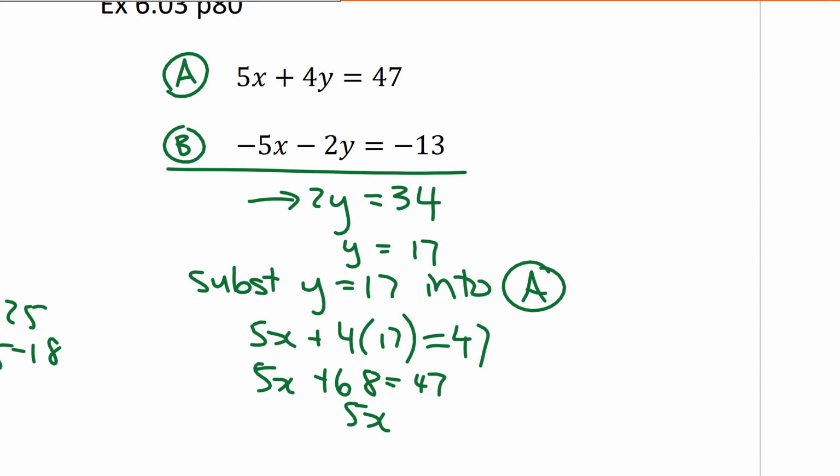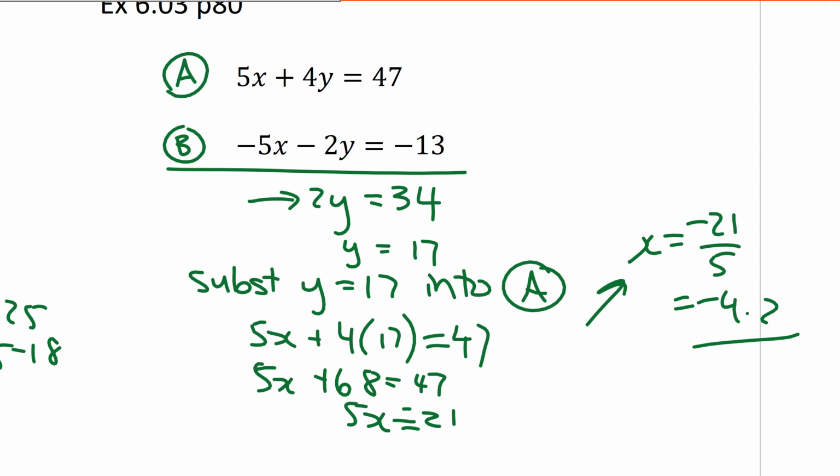So 5x must therefore be negative 21. So I'm saying 5x is negative 21, and therefore x is just negative 21 divided by 5, which is negative 4.2. There's my answer.